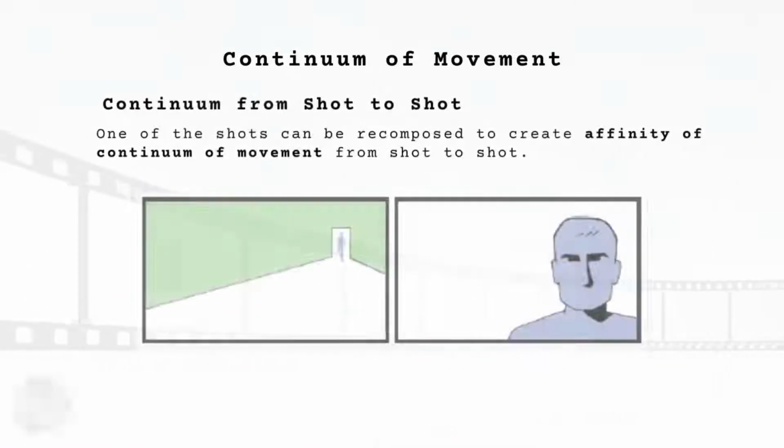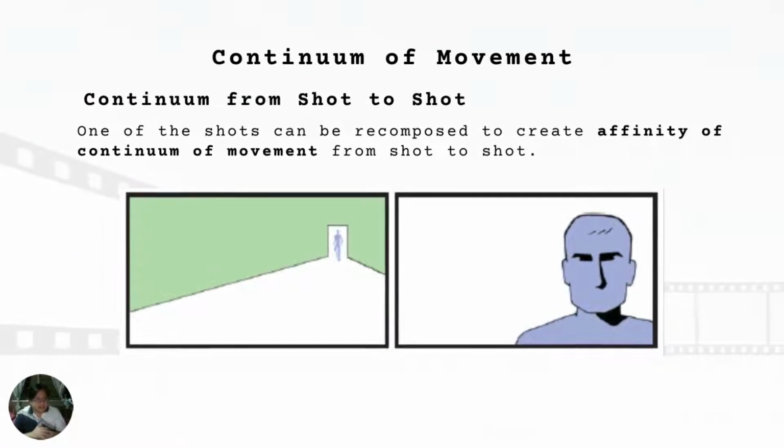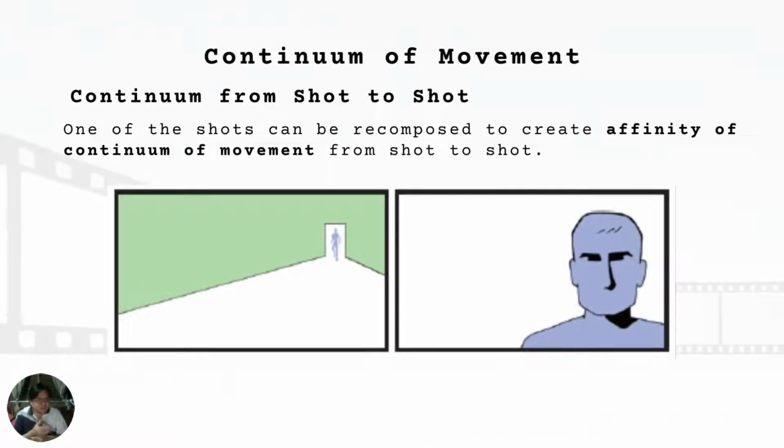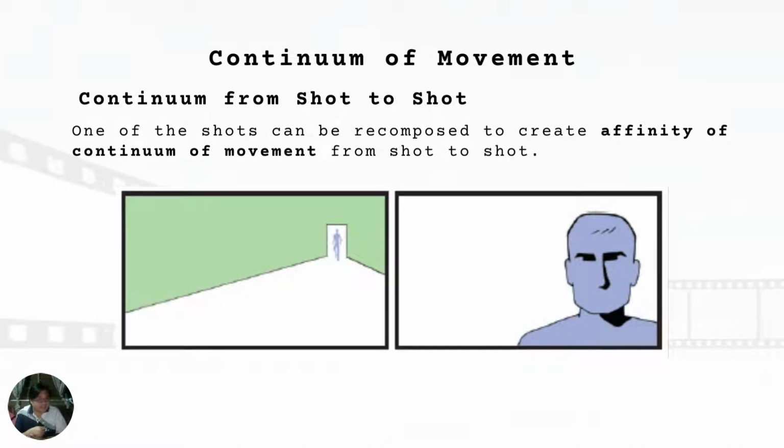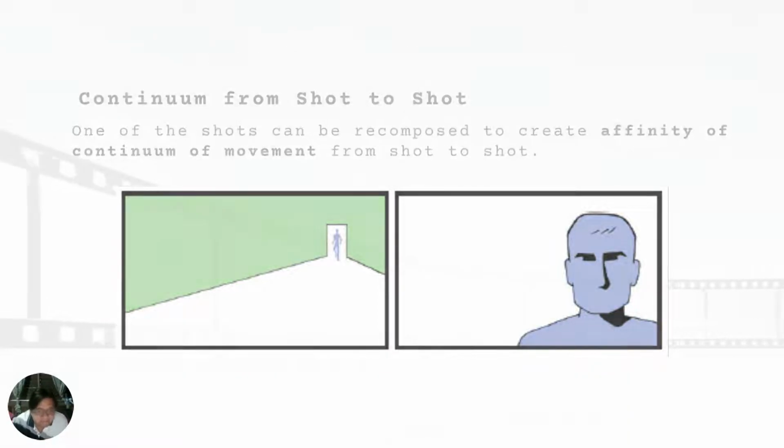Now, let's do affinity. Continuum from shot to shot. One shot can be recomposed to create affinity of continuum. So, the same two shots, but this time, you put the second shot on the right side of the screen.